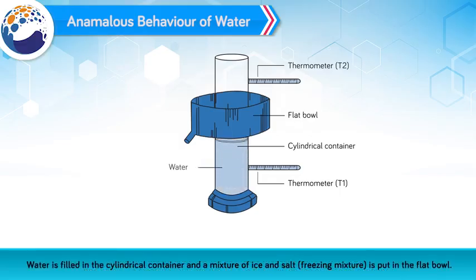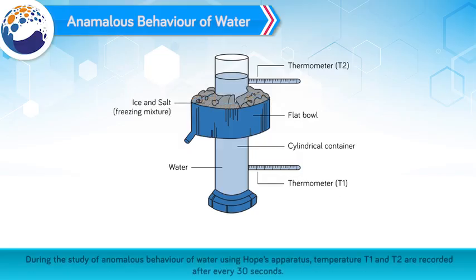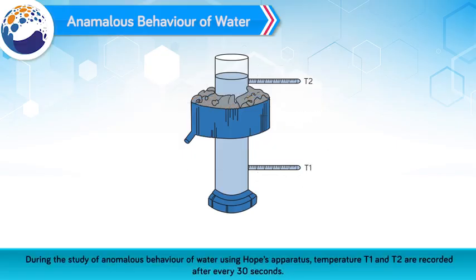Water is filled in the cylindrical container and a mixture of ice and salt, also known as freezing mixture, is put in the flat bowl. During the study of anomalous behavior of water using Hope's apparatus, temperatures T1 and T2 are recorded after every 30 seconds.